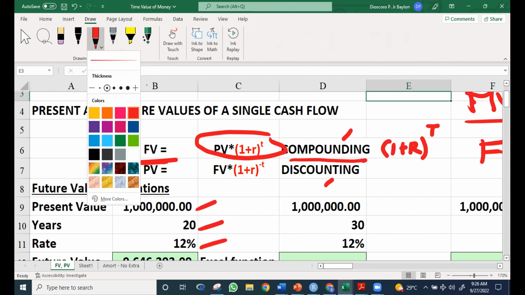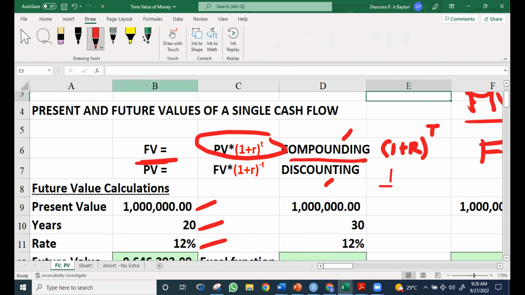On the other hand, our discount factor is 1 over 1 plus R raised to the T. So this is our discount factor, which is also equal to 1 plus R raised to the negative T. Okay, so this is the compound factor. This is the discount factor.